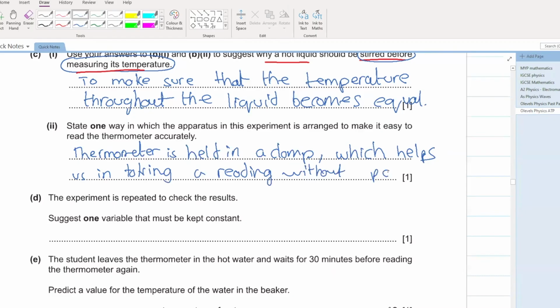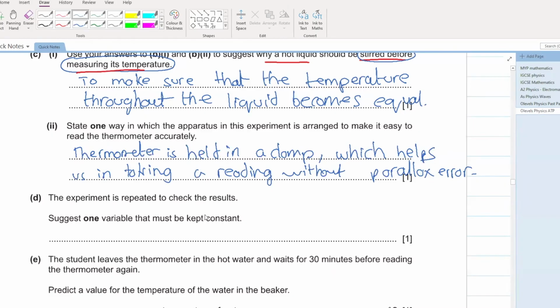Simple. Okay. Thermometer is held steady in a clamp. This helps us to avoid the parallax error. Simple. Let's further move ahead.